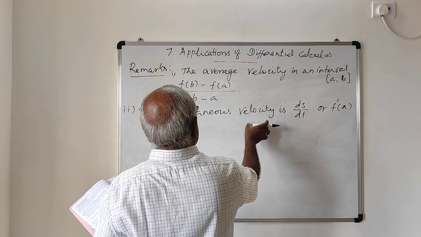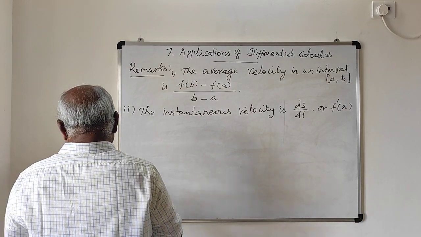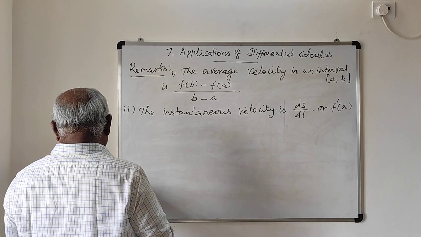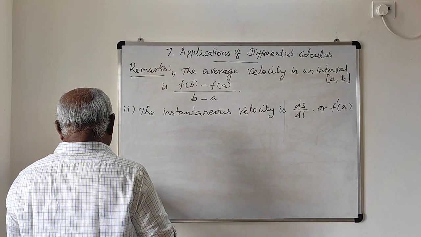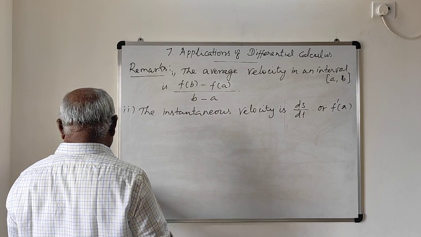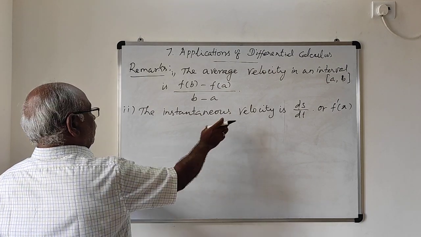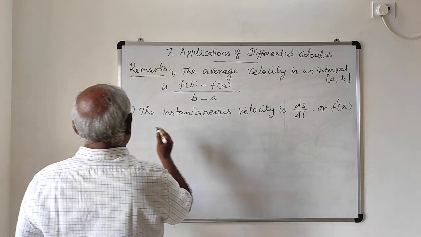This is the instantaneous velocity, and this is the average velocity. Velocity is otherwise called speed.